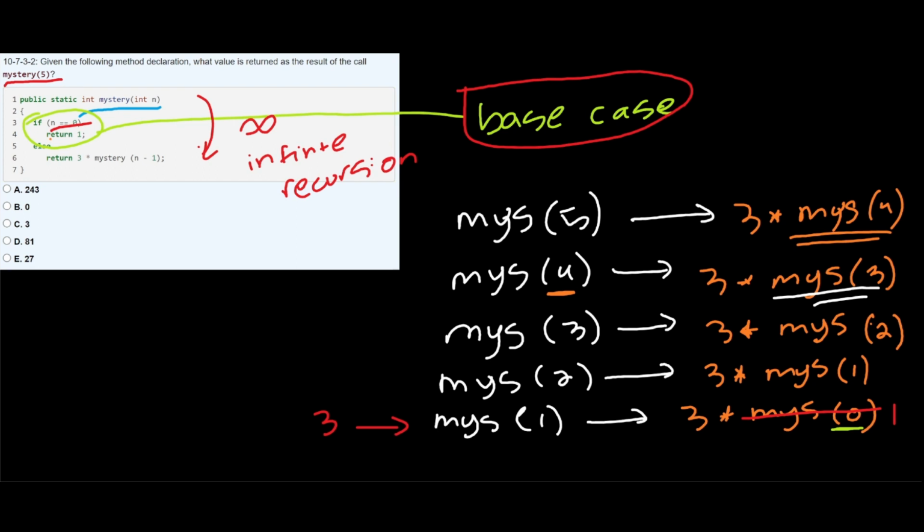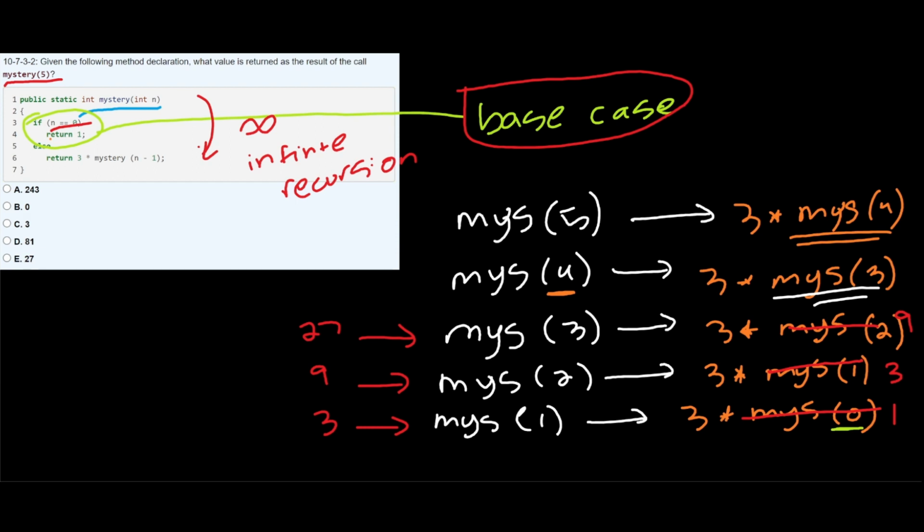So we know mystery 1 is 3, so then this becomes 3. Now 3 times 3, mystery 2 is 9. And now that we know mystery 2 is 9, this becomes 9. So 3 times 9 is 27. Now we're going to keep going through our hand tracing.